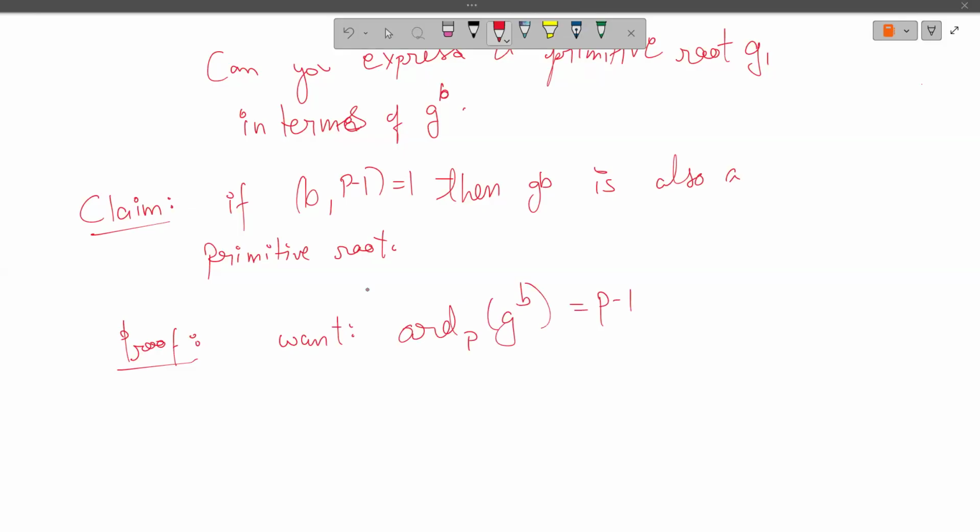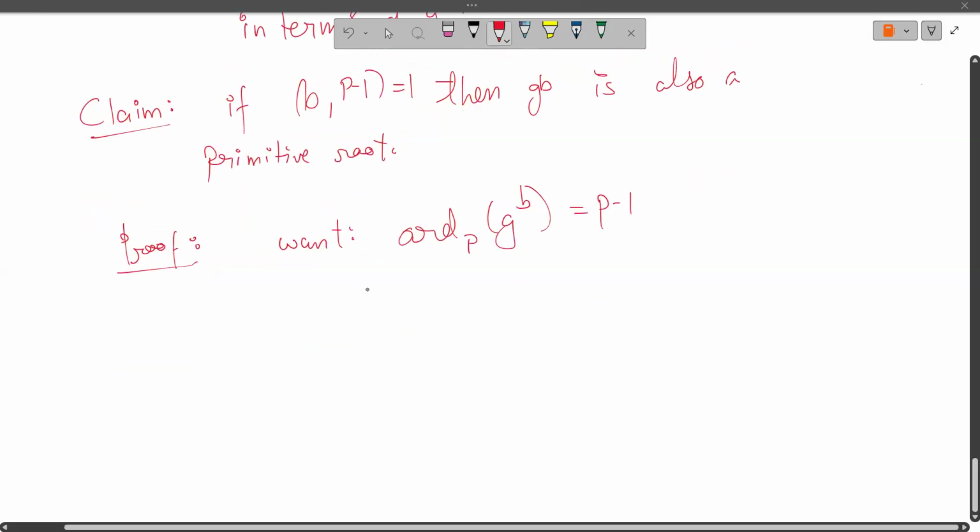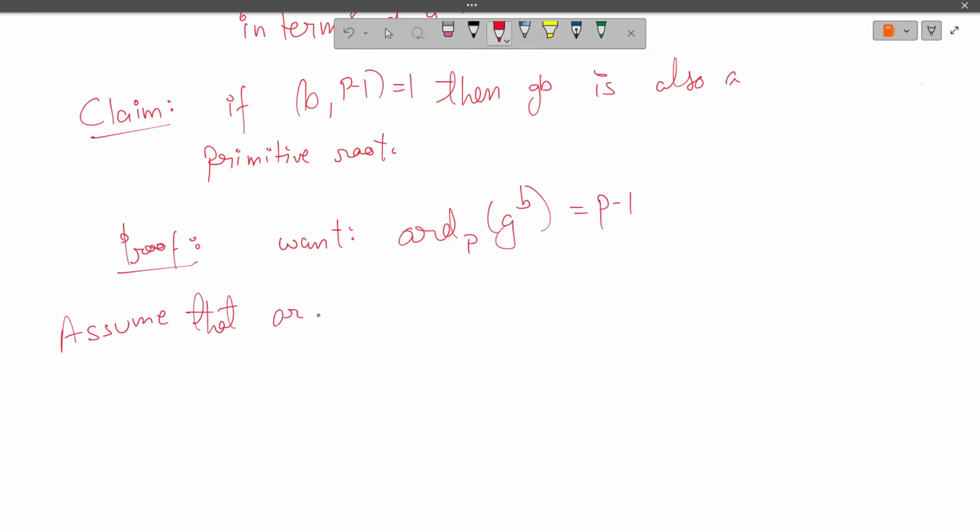Yes, we do it for the sake of contradiction. Assume that the order of g^b mod p is some c.